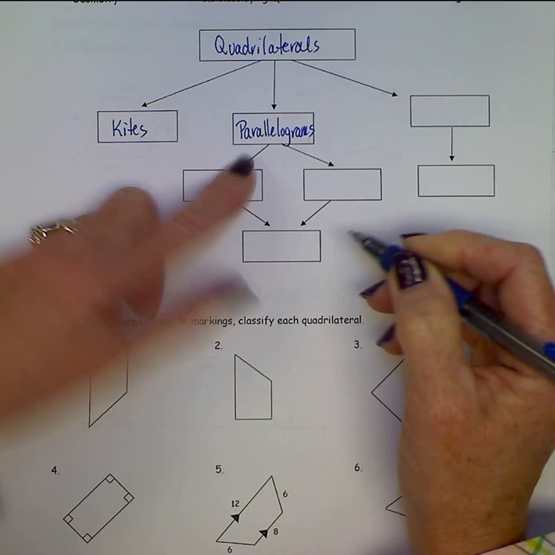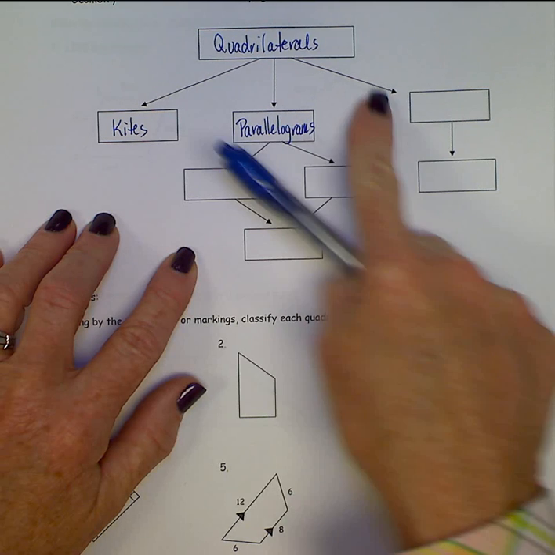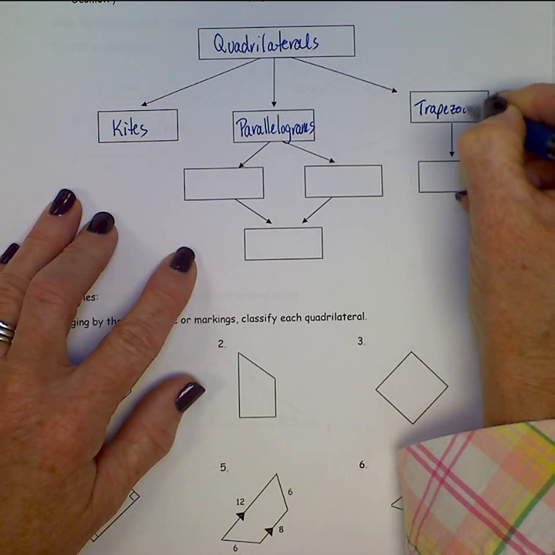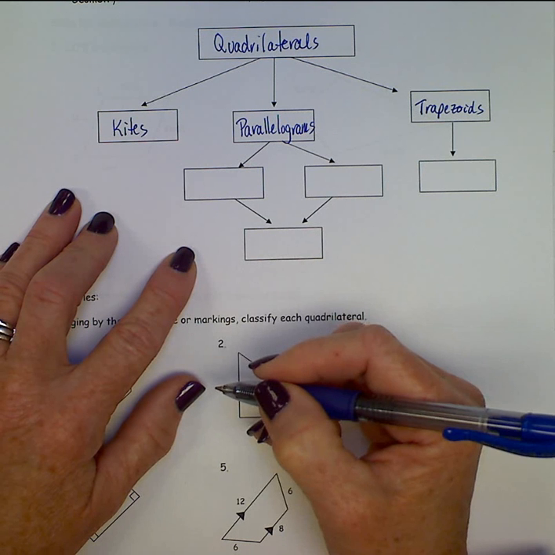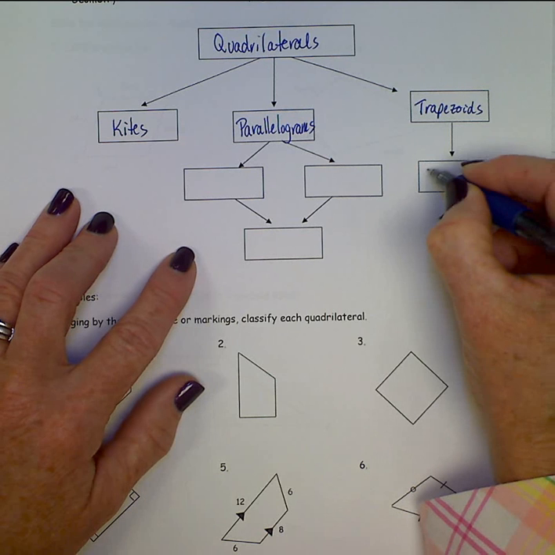and those parallelograms get more specialized. And then also quadrilaterals break into the trapezoids. Trapezoids specialize to isosceles trapezoids.